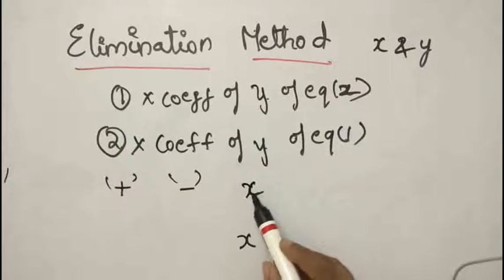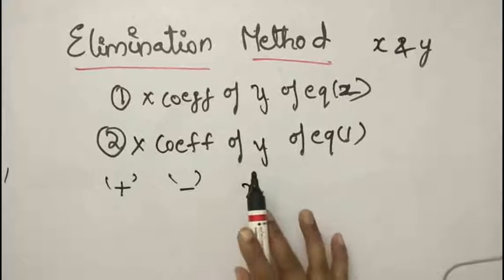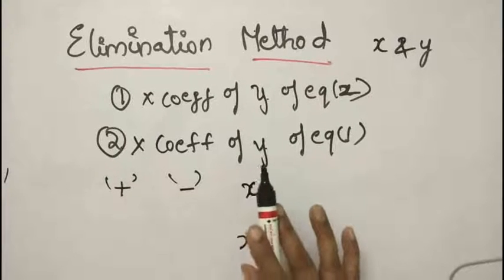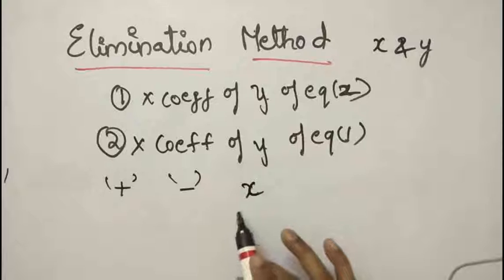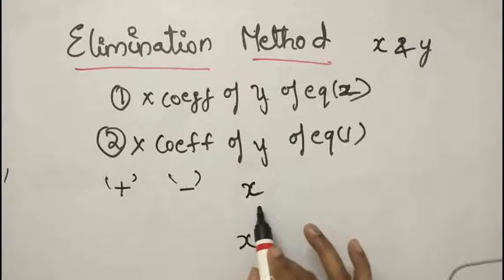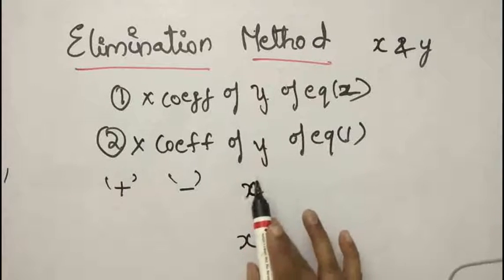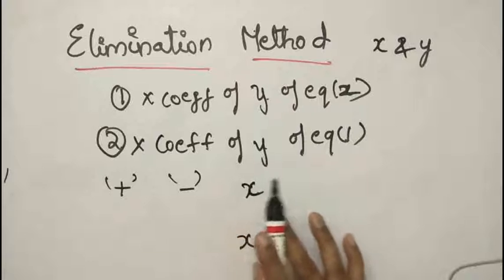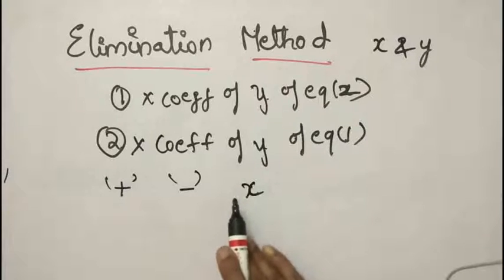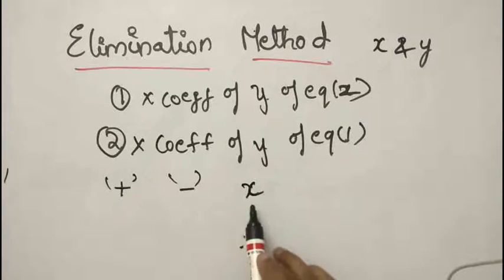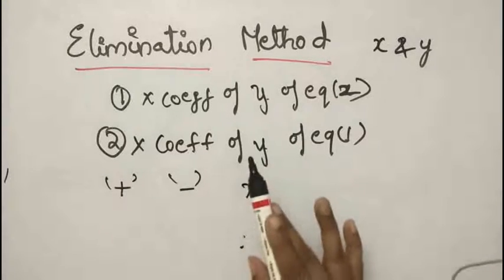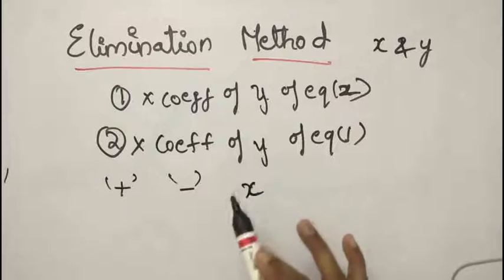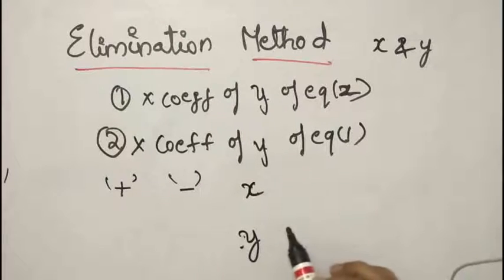That is, you are eliminating the term having the variable y, and you will be left with the term having the variable x and the constant term. Is it not? So you will get the value of x. This value of x you have to substitute in any one of the equations, either 1 or 2. You will get the value of y. Okay?